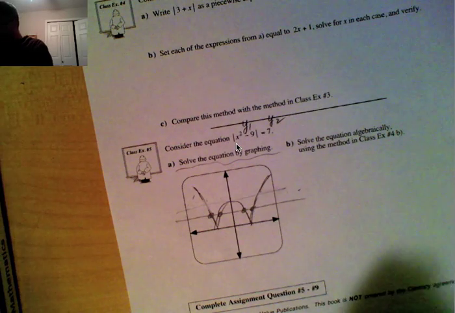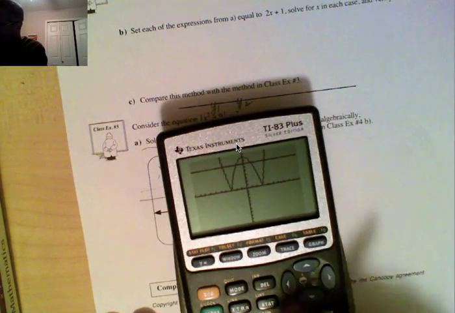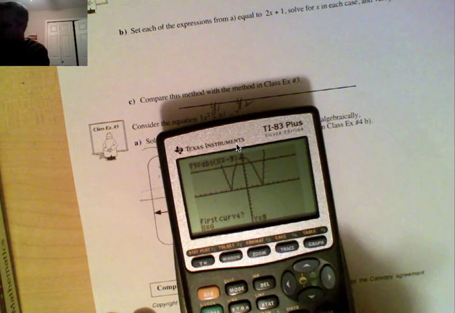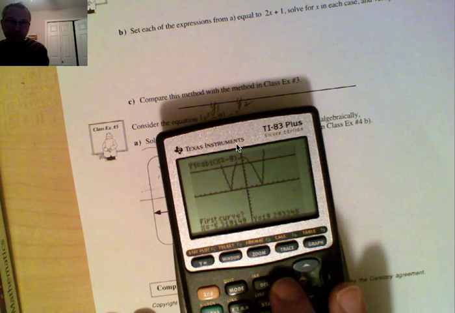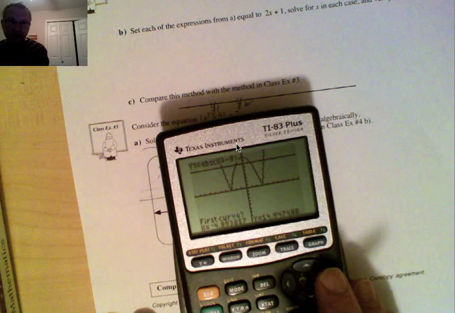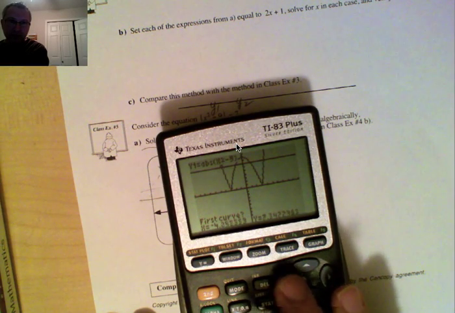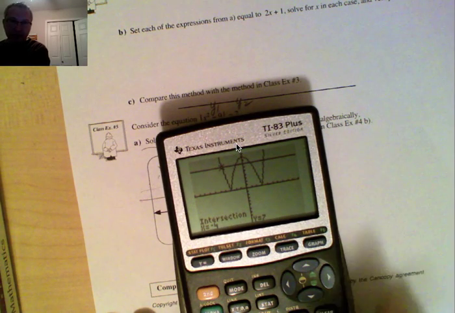Now, if we use the intersect feature on our calculator, if we go second function trace, choose number 5 for intersect, I'm going to move all the way over to the far left-hand side. There we go. Hit enter, enter, enter, and it tells me my first point of intersection is -4.